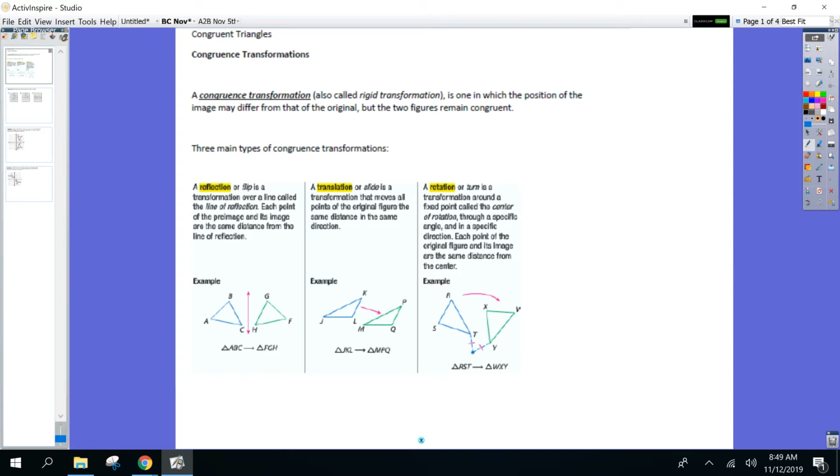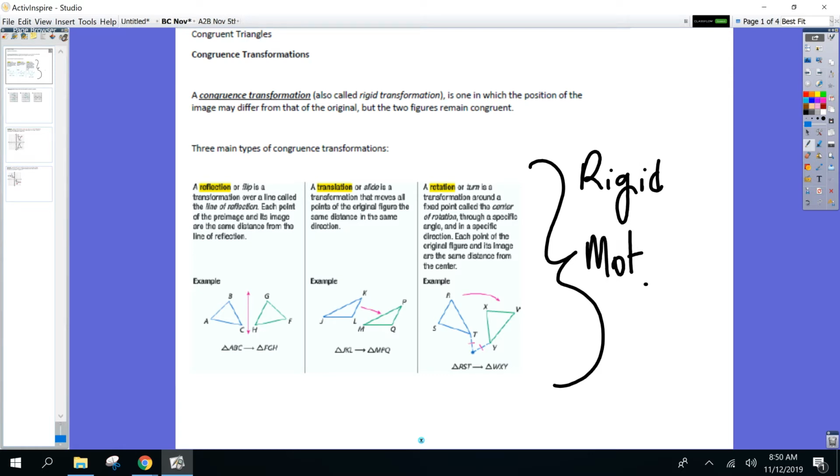I want to group these three terms, reflection, translation, and rotation, under one vocabulary term now. All three we're going to refer to as a rigid motion. Okay, rigid motion.